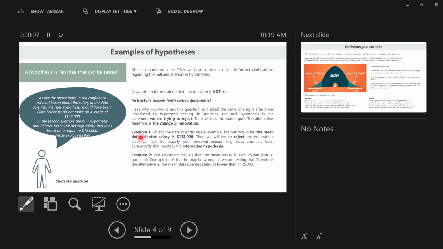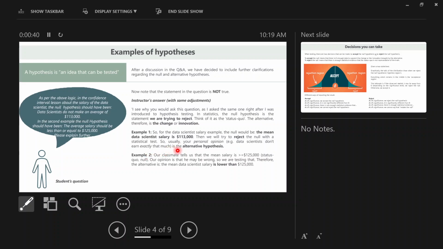So for the first example, the data scientist salary example, the null hypothesis will be that the mean data scientist salary is 113 US dollars. Then we will try to reject the null with a statistical test. So usually your personal opinion, for example, is that data scientists do not earn exactly that much.